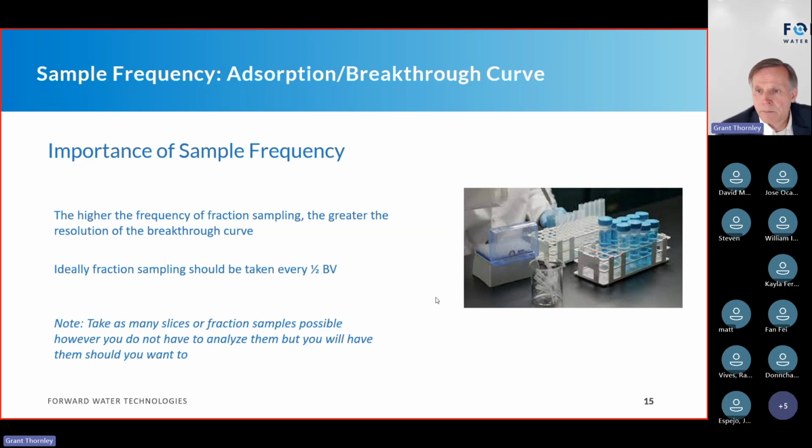It's not going to cost you anything, but trust me, later on you're going to have a question and you're going to have to rerun the entire test. Whereas with other clients I advise, we've been able to just go back and analyze where we are in the fraction sample and in the curve.